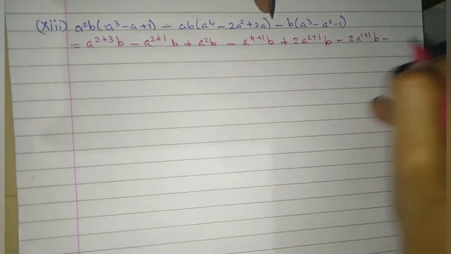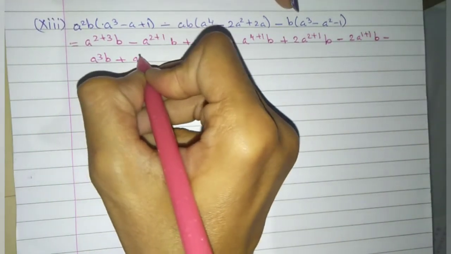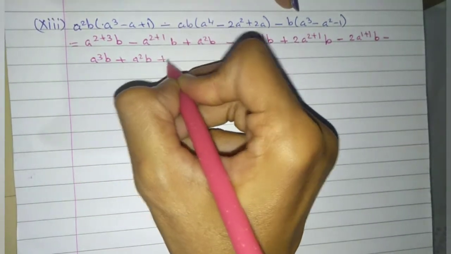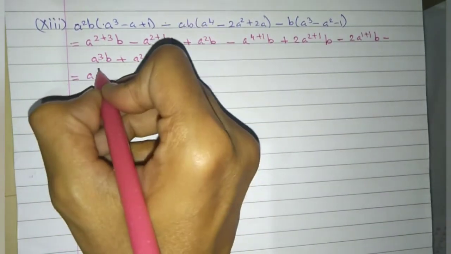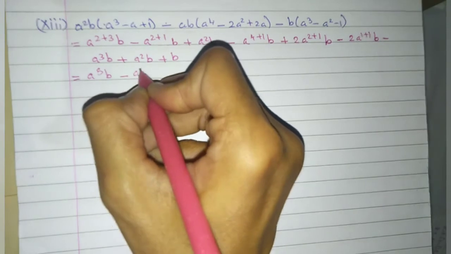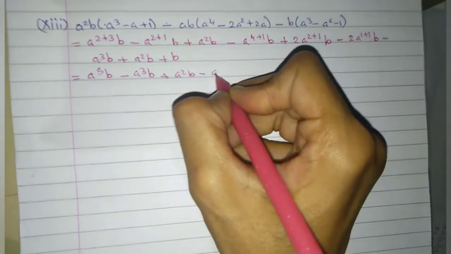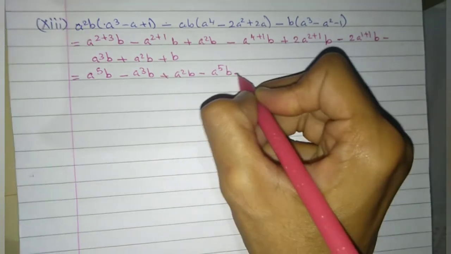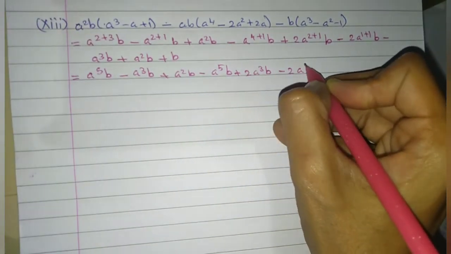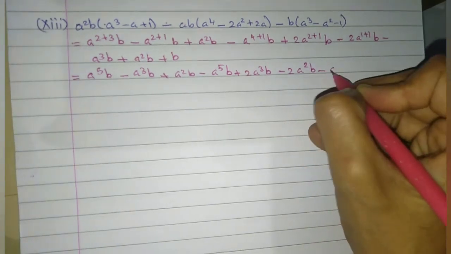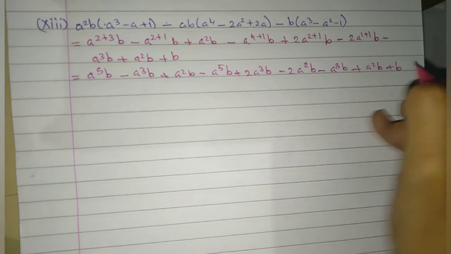Now minus b, a cube b plus a square b minus plus b, which is equal to a raised to 5 b minus a raised to 3 b plus a square b minus a raised to 5 b plus 2 a raised to 3 b minus 2 a raised to square b minus a cube b plus a square b plus b.